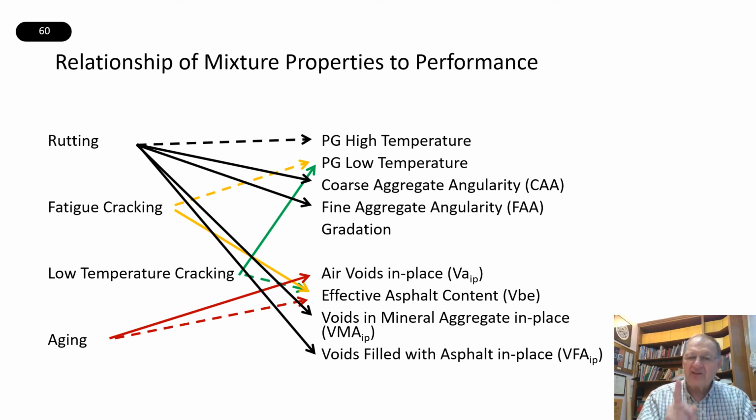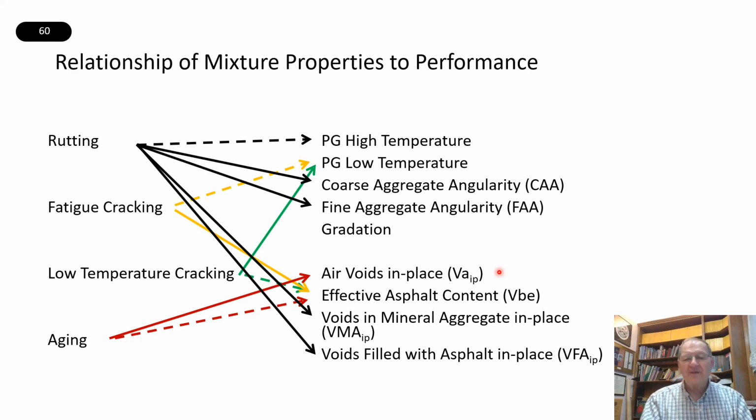But gradation is very important because gradation is how we control these volumetric properties. We control the packing of the aggregates, and hence the VMA, and that VMA in combination with the asphalt content influences the in-place air voids.